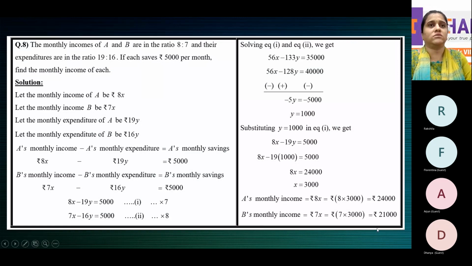Sashank, see where you've gone wrong. Others also, please check. Okay. But what got eliminated there? 8x minus 19y is equal to 7x minus 16y. Huh? 3y. Then you substitute it.